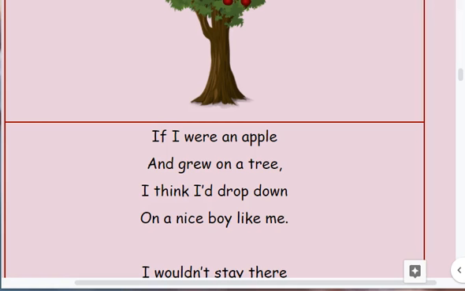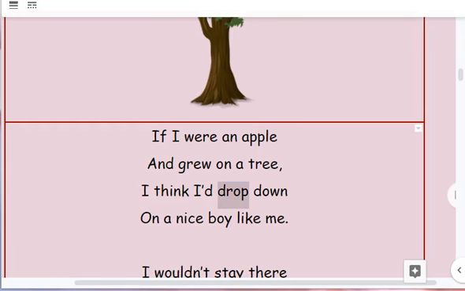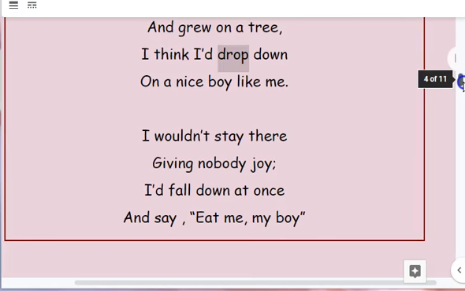For example, drop. What do you mean by drop? You fall down. Anything that can fall down. Yes.